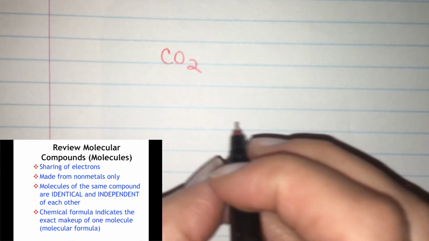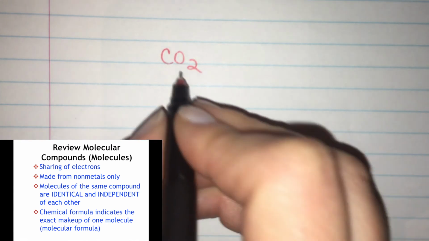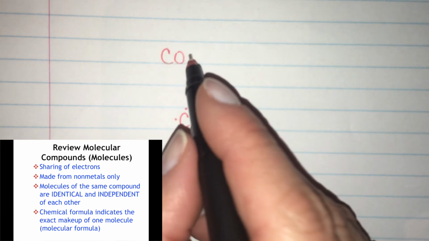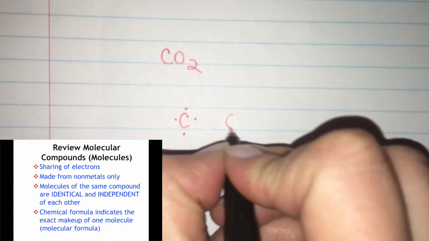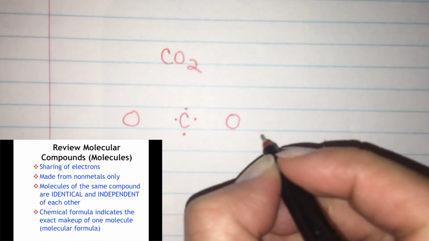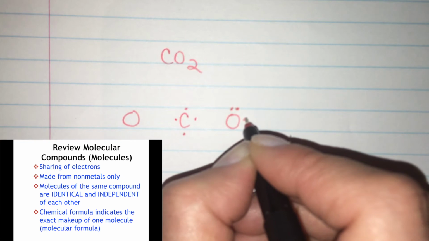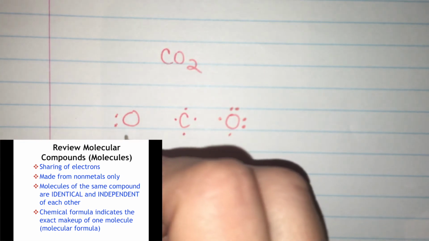Carbon has 4 valence electrons, and oxygen has 6. So you need 2 bonds for oxygen and 4 for carbon. So carbon will be in the middle, and we'll put oxygens on both sides. Oxygen has 6 valence electrons, 1, 2, 3, 4, 5, 6, 1, 2, 3, 4, 5, 6.